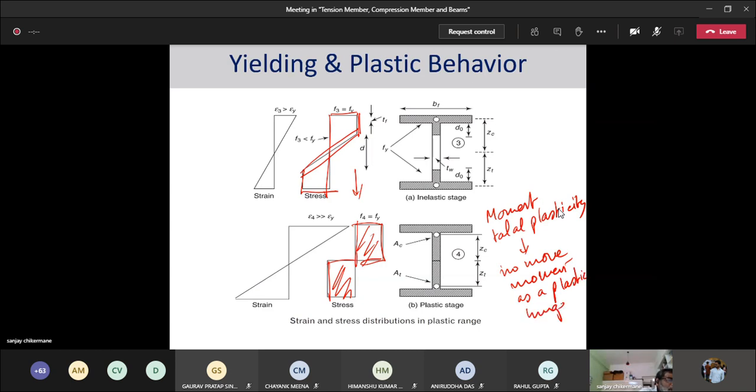Giving a greater rotation will make this section rotate without any increase in its moment taking capacity.